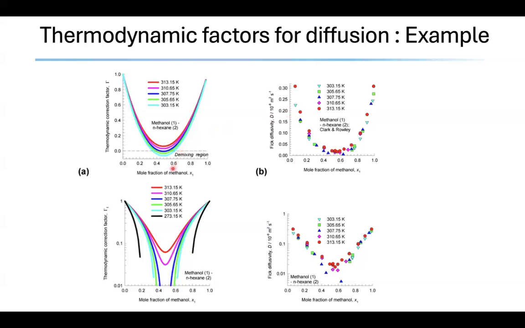Once again, for the same mixture of methanol and n-hexane, we can see that the region where the Fick diffusion coefficients will be 0 corresponds to the region where the thermodynamic factors are also 0. This typically happens when you lower the temperature for this particular mixture. A clearer exposition is available in the figure shown here, where the y-axis is plotted on a logarithmic axis.